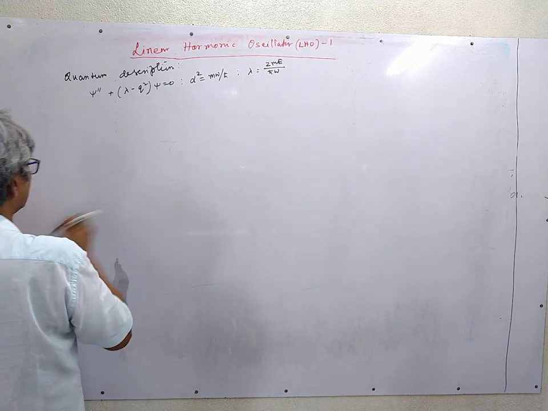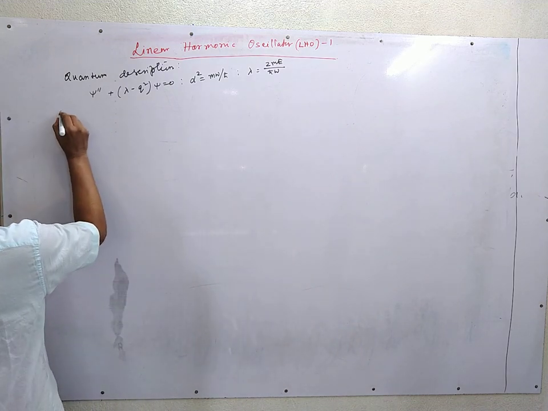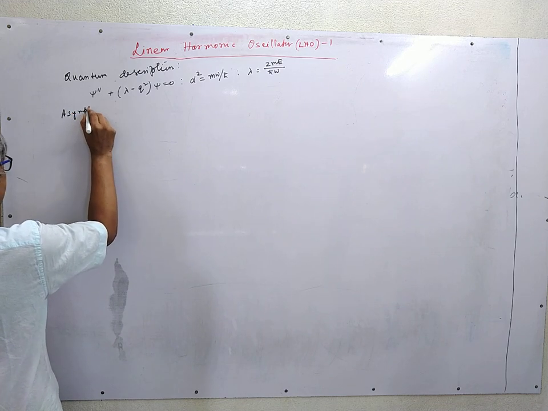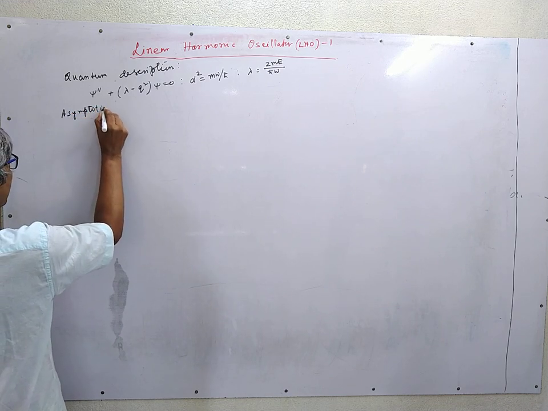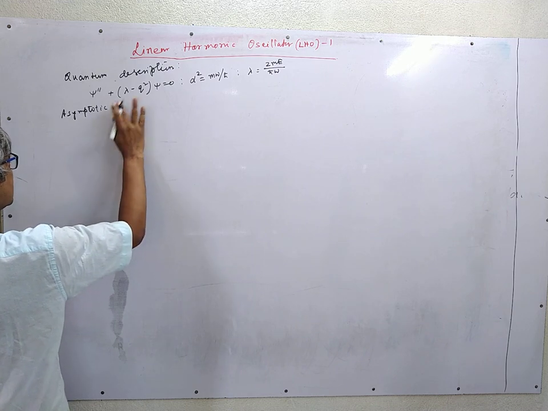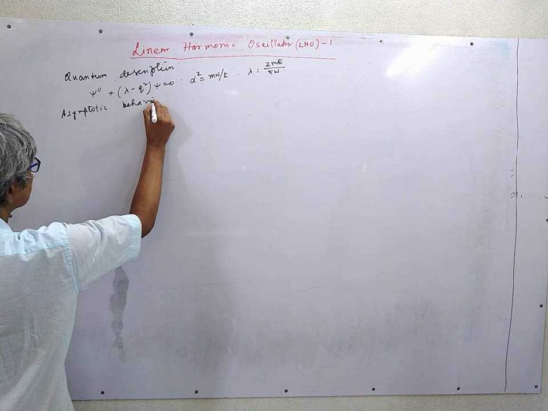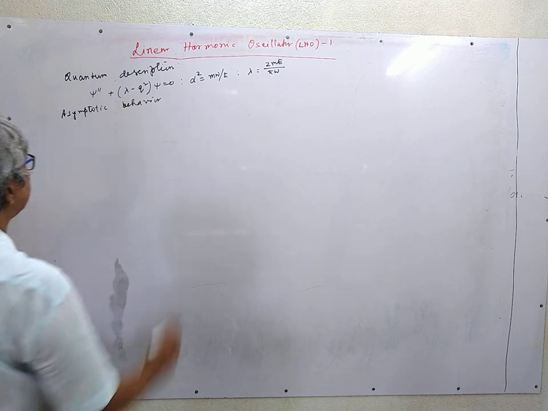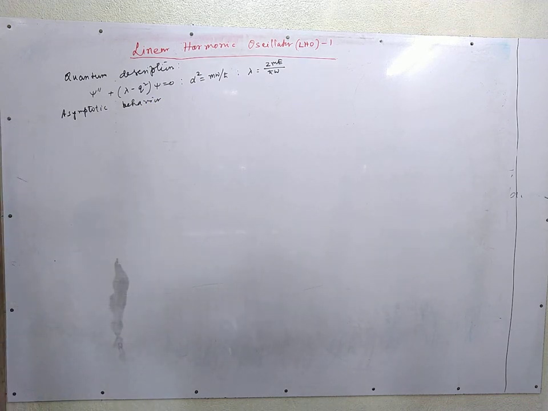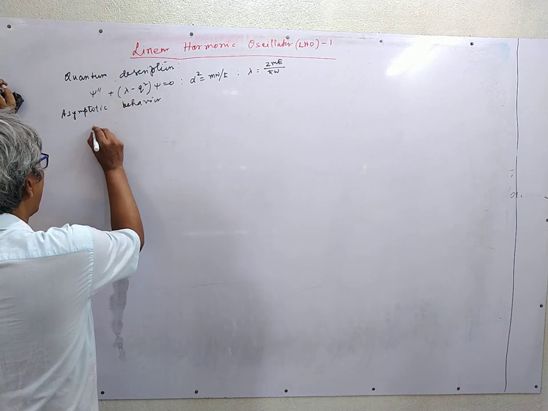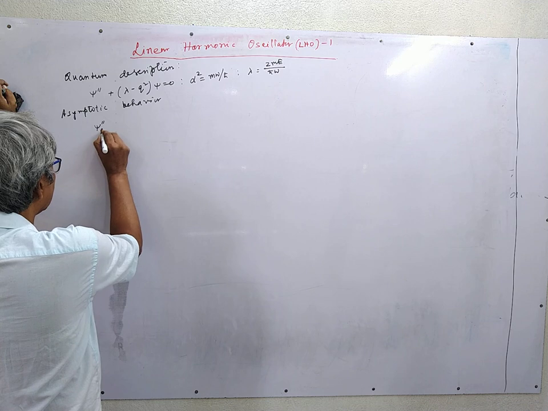So we note the asymptotic behavior. Asymptotic behavior means when q tends to plus minus infinity, in which case the q squared term dominates and the equation becomes this.